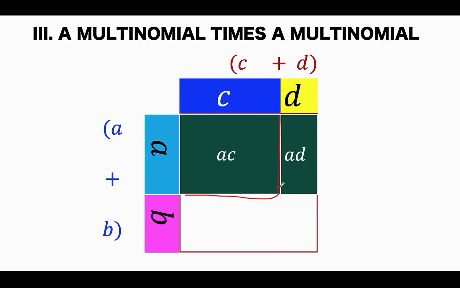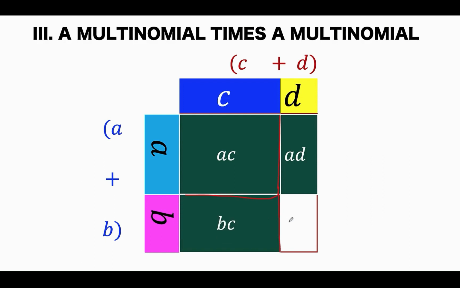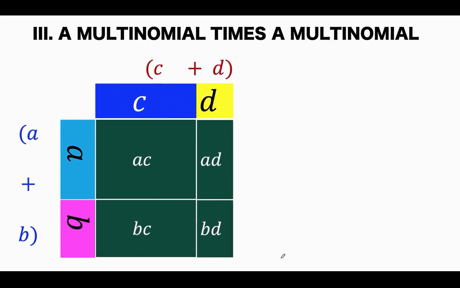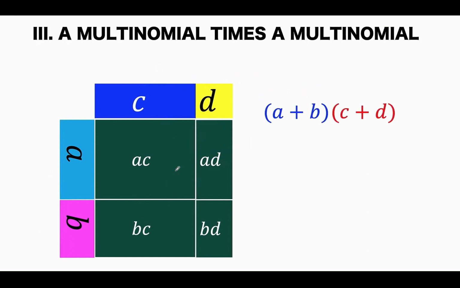This is A, and that's D. So the area is AD. This is B, and this is C. So this area here would be BC. And the remaining part would be, this is D, this is B, that is BD. So the product, therefore, would be these 4 rectangles, and that is AC plus AD plus BC plus BD.